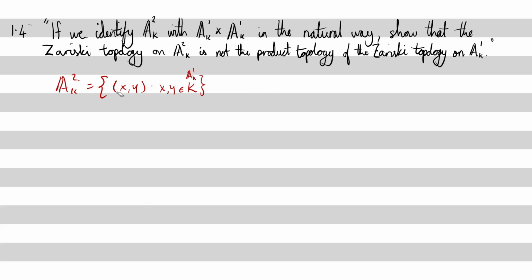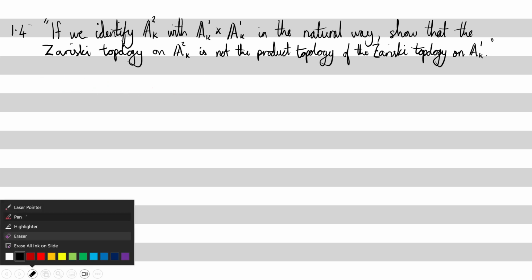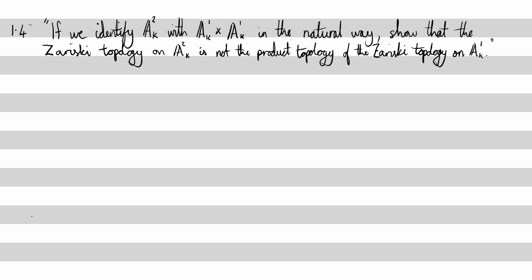We need to show that the Zariski topology on the affine plane is not the product topology of the affine line. Now, first of all, what is the product topology? Considering we are working with a finite product, the product topology and the box topology are the same thing. So I'm just going to say it's the box topology.